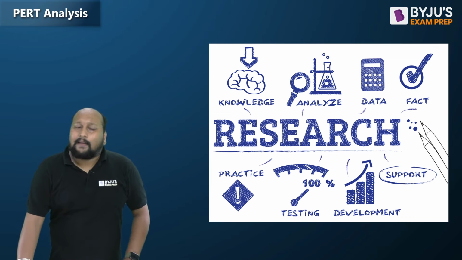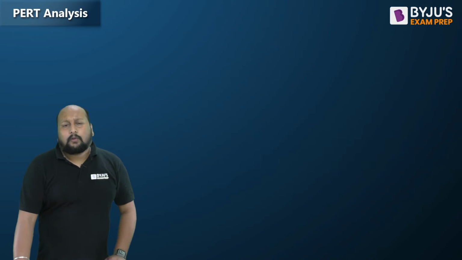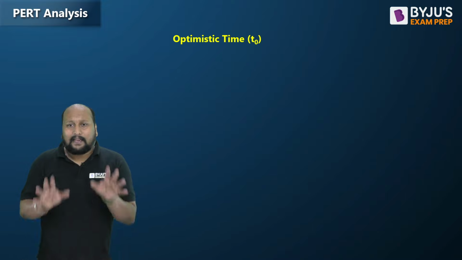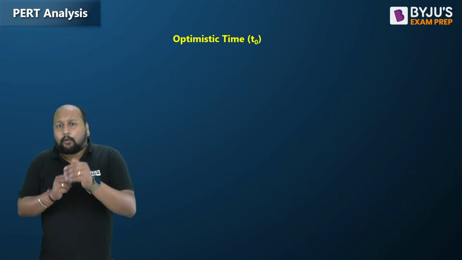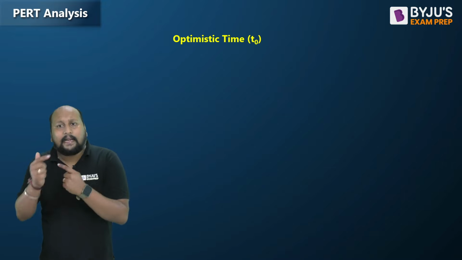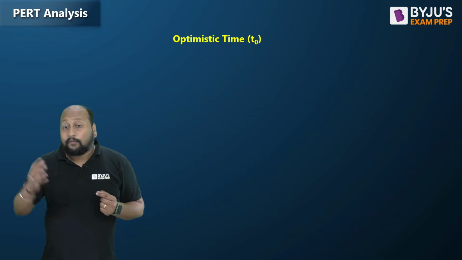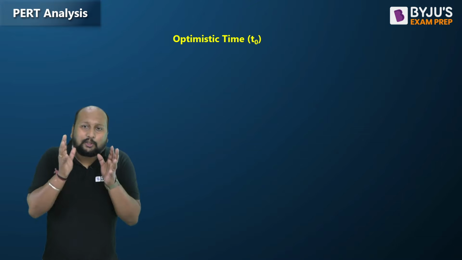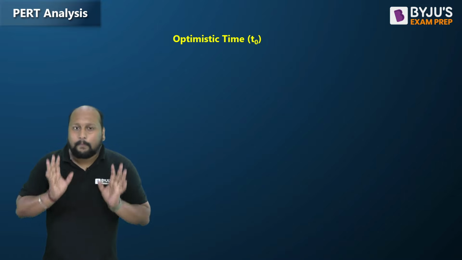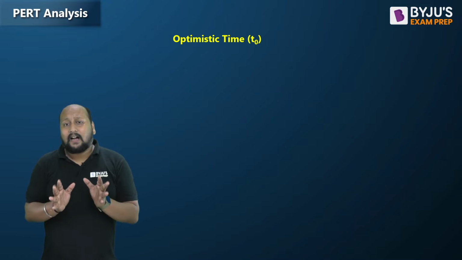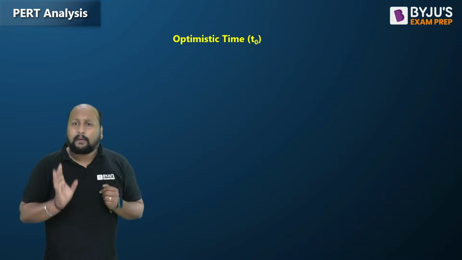Okay, so the first time estimate that we need to understand is the optimistic time, right? So what is optimistic time? By the name itself, we can say it's some sort of a positive one. Let us suppose I'm trying to complete an activity, and all the conditions required to complete that activity are in my favorable condition. If all the conditions are in my favor, I can surely say the completion time will be minimum, because it will take the minimum possible time to complete that activity.